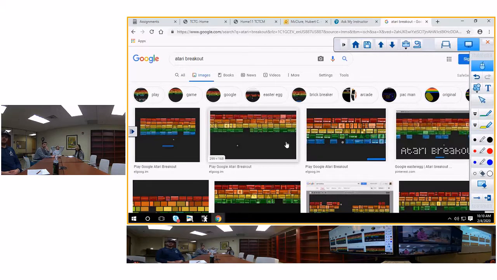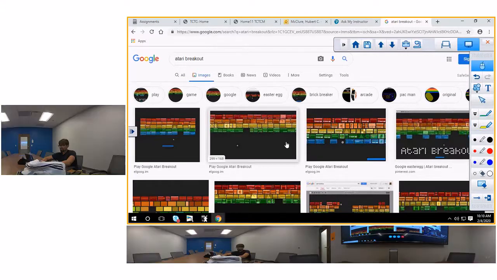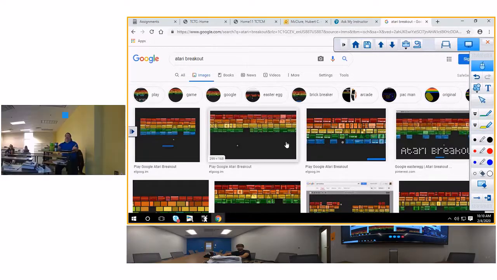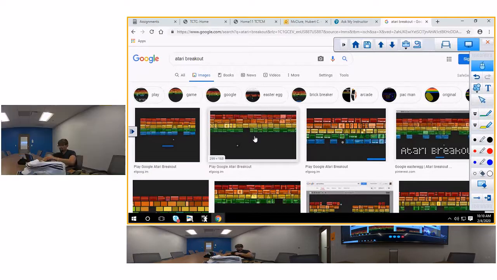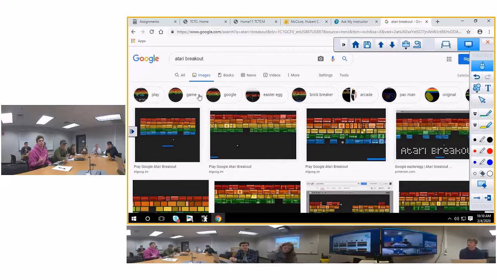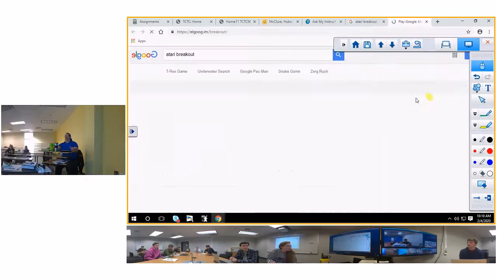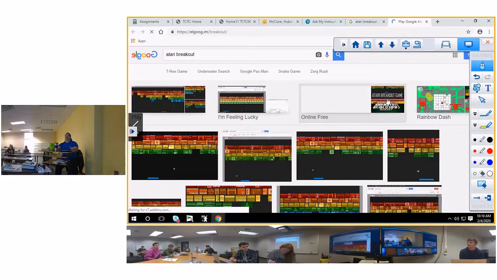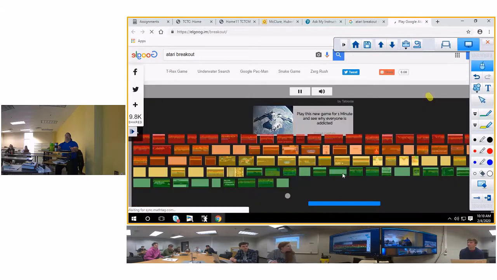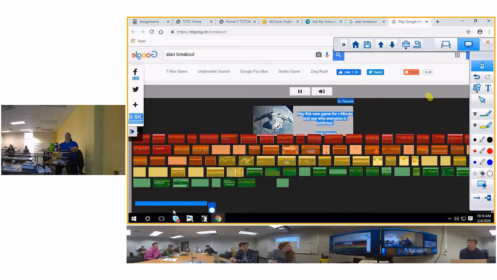Oh, this is the best ever. Oh, they fixed it. What the heck does that do? It's supposed to let you play Atari Breakout with the pictures, but it's not letting you. It's a conspiracy. Oh, there it is. You gotta hit the ball. That's neat. I suck.